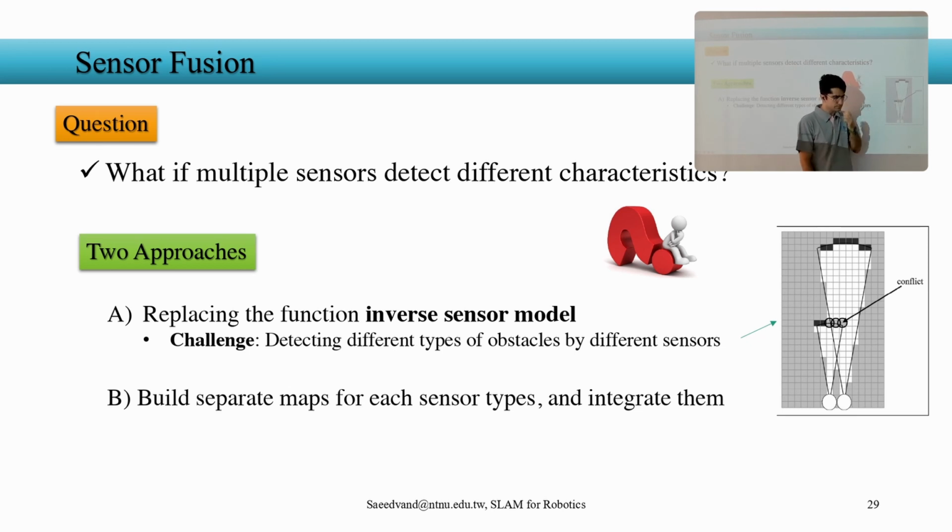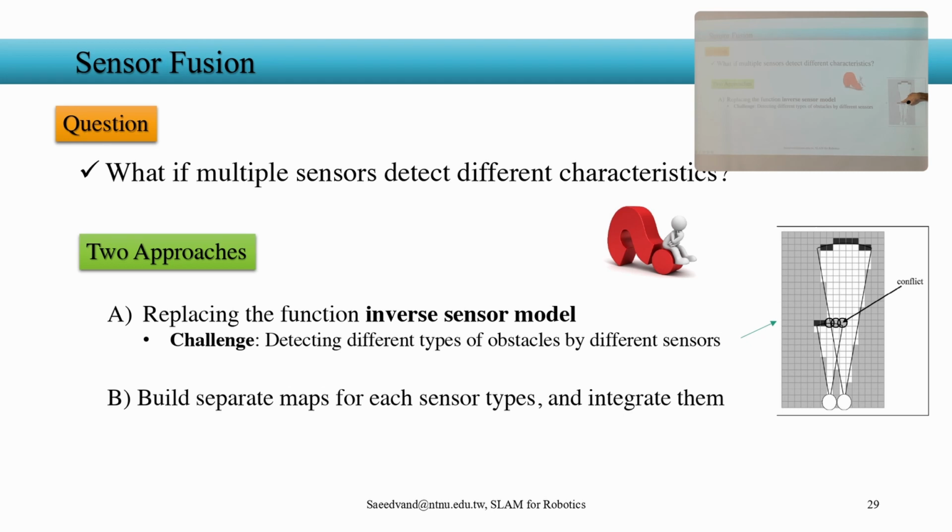For example, when your different sensors see totally different things, then you don't have matching for which one is more likely to apply. So that's the difficulty we have over there. Also, if you consider we have two sensors over here, right?